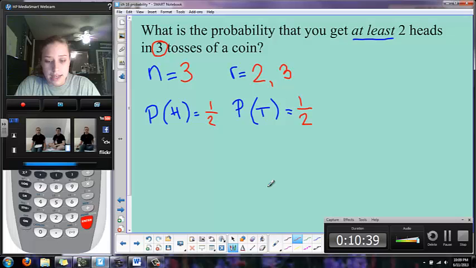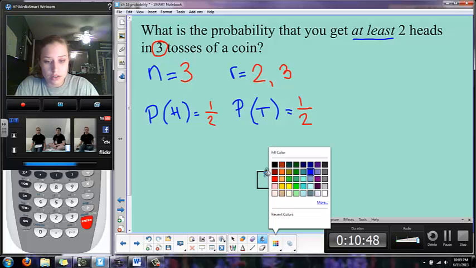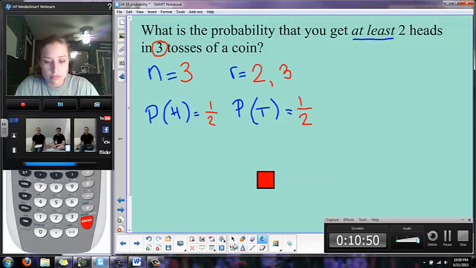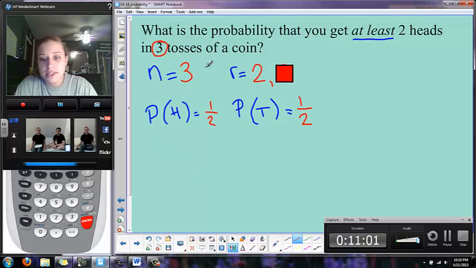We're going to do the exact same thing as before, except this time we're going to have to deal with 2 different values for R. So watch this. I'm going to set up the question exactly the same way as I did before and pretend that my R is set equal to 2. Okay? So the first part is combination, N choose R. So 3 choose 2.